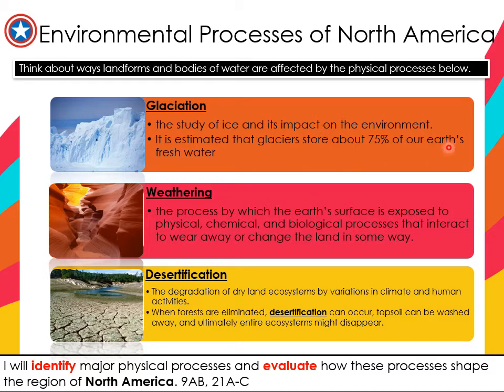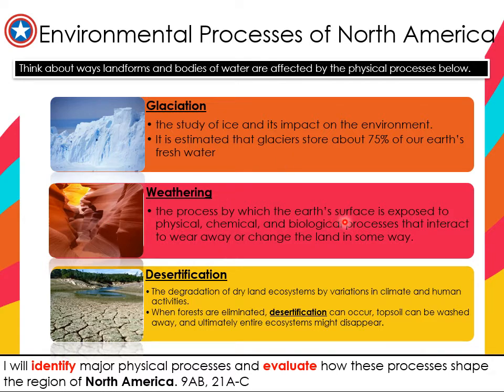And a lot of what we've been studying lately has been glaciers as they've been falling apart and falling into the sea. The study of ice and its impact on the environment is glaciation. It's estimated that glaciers store 75% of our Earth's fresh water. So what happens as they're melting? You're seeing a lot of our Earth's fresh water melt with them.